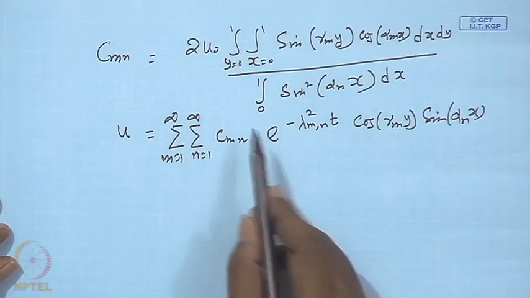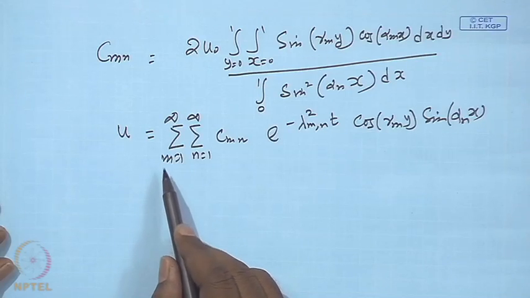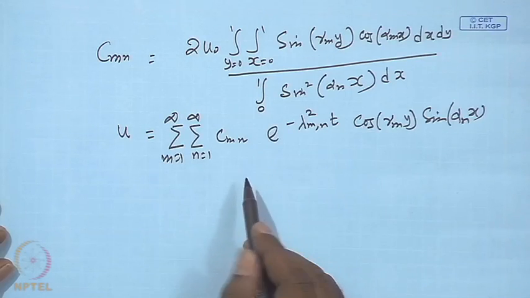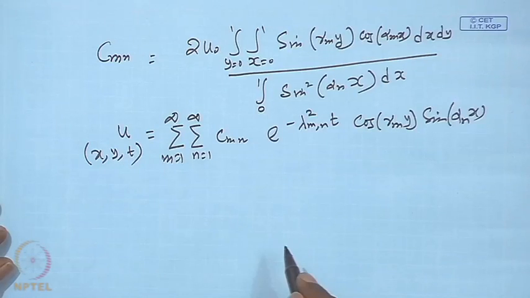So, we can analytically evaluate this constant and obtain the complete solution of the variable u as a function of x, y, t.